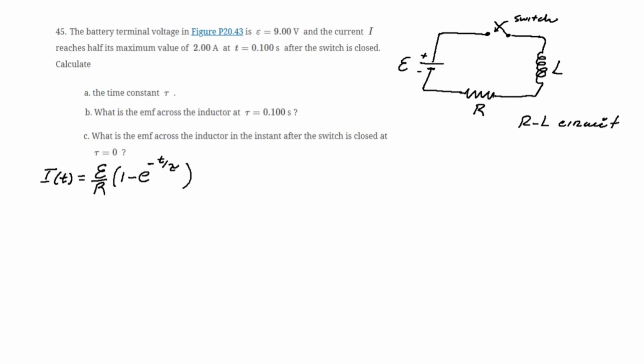Now, what is this E over R? E over R is the maximum current. And that maximum current is 2 amperes.